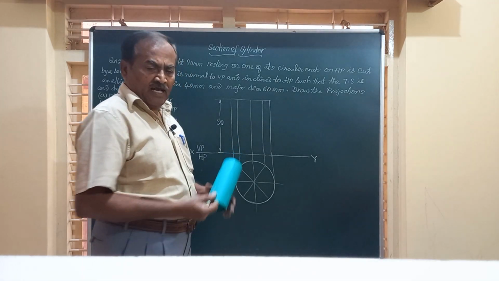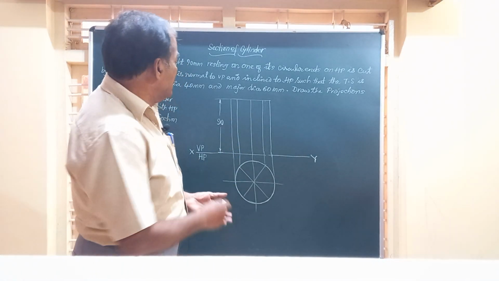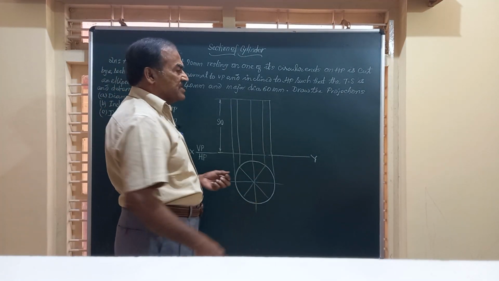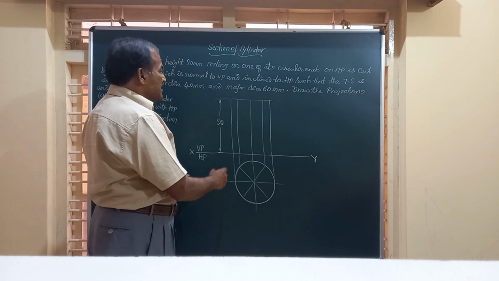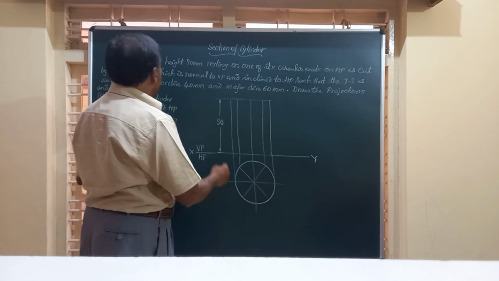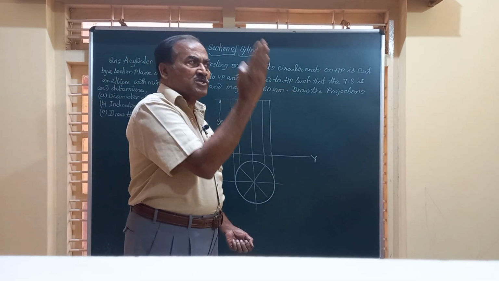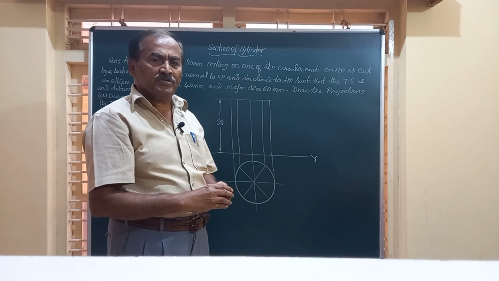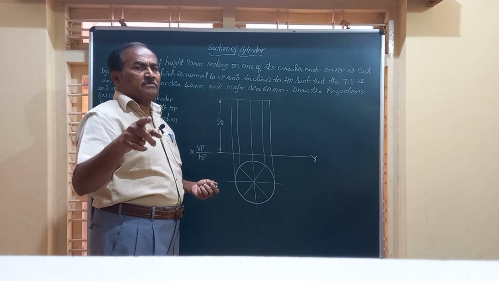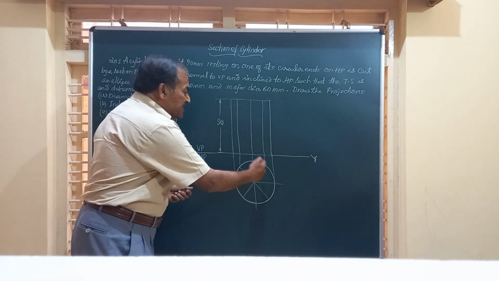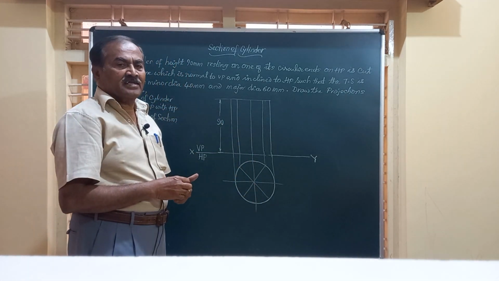Now friends, I have written the top and front views of the cylinder. So here I just explained, whenever the cylinder is cut by a section plane which is normal to VP and inclined to HP, the minor diameter will represent the diameter of the cylinder.